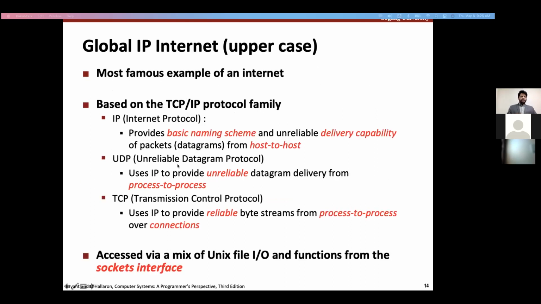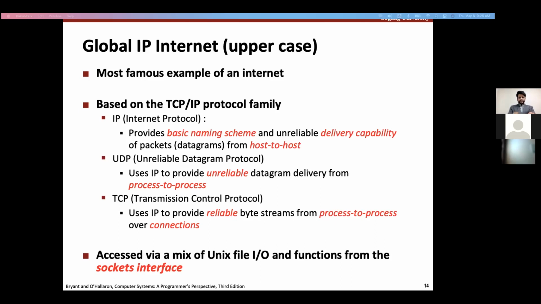Moving on to our next topic, the global IP Internet, with an uppercase I. It is the most famous example of an internet, and the most successful implementation of one, existing in one form or another since 1969.